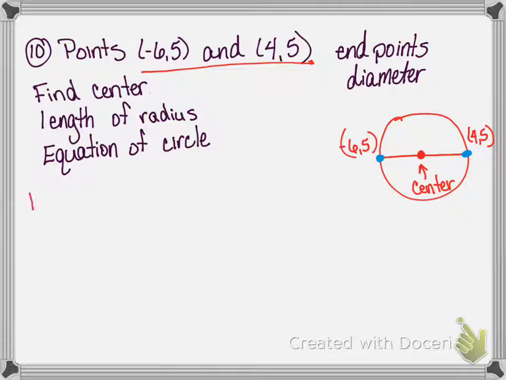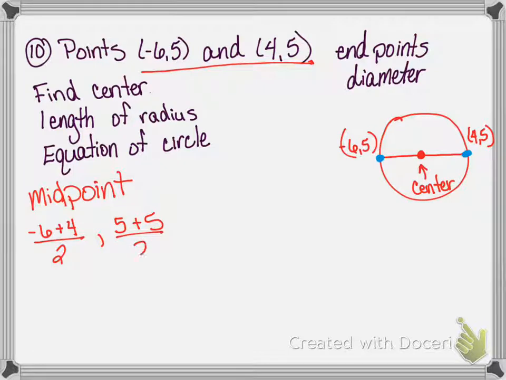So I'm going to use the midpoint formula. I am going to add my x's together, so I have negative 6 plus 4 and divide by 2. Then I'm going to add my y's together, and I'm going to have 5 plus 5 divided by 2.